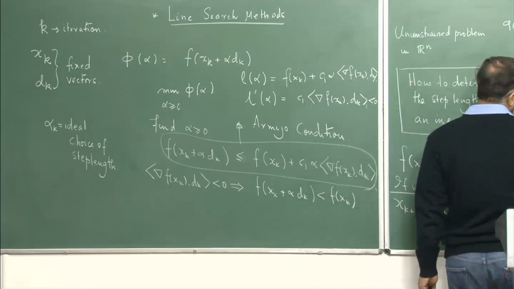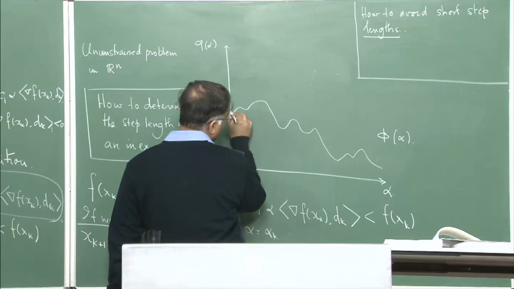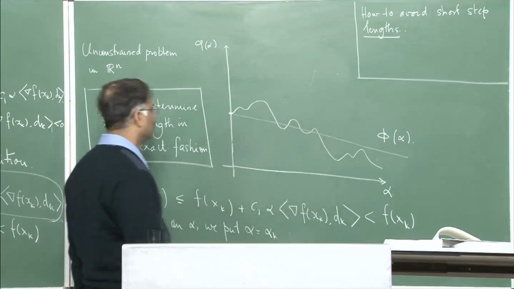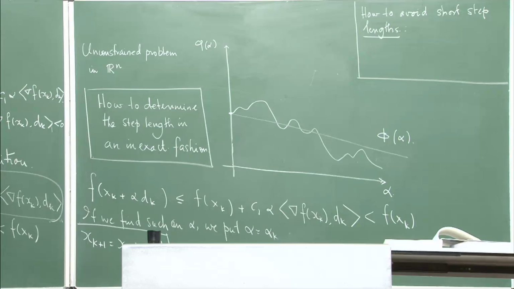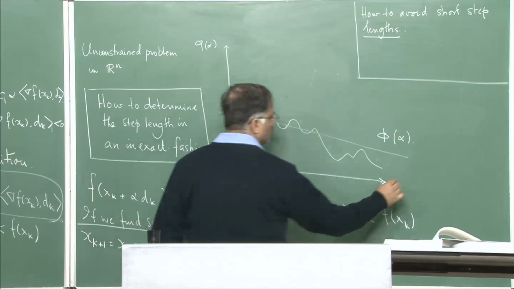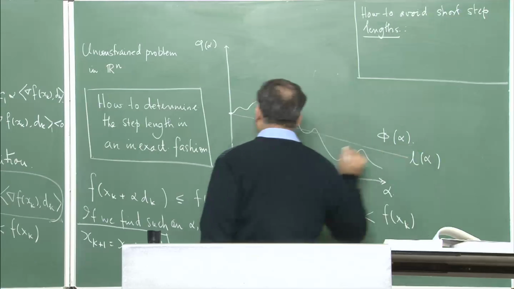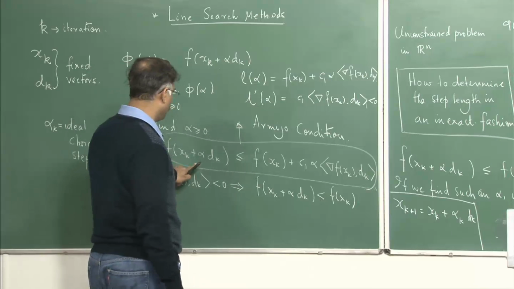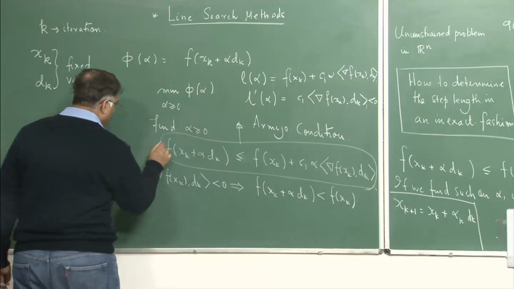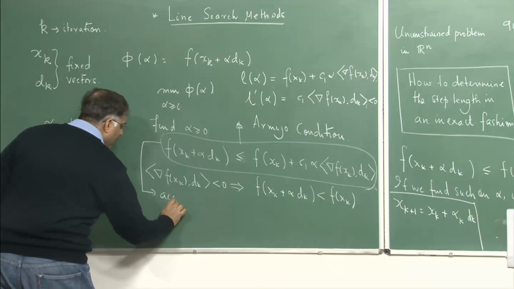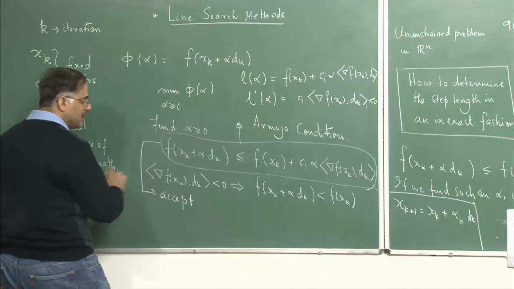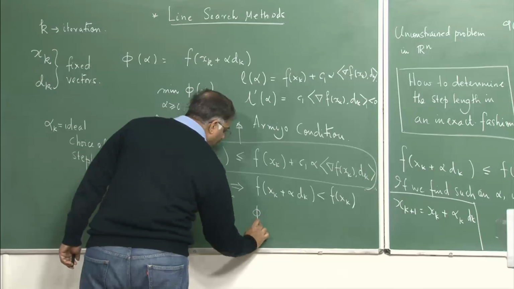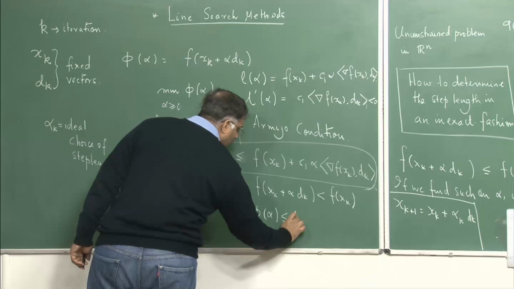So, now L alpha is some line like this. So, this is my L alpha. My idea is simple, accept alpha if phi of alpha is less than L of alpha.